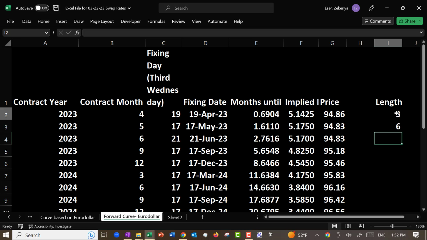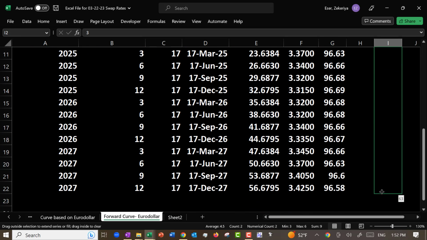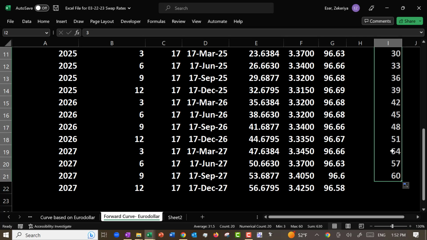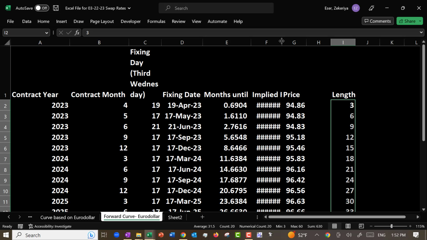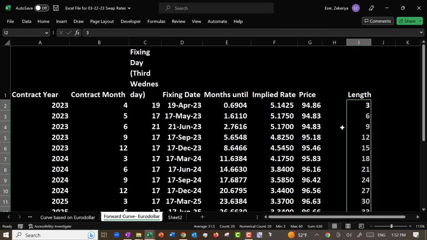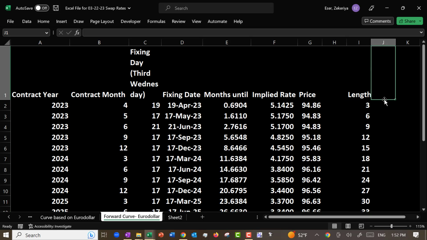I'm going to do this up to 60. Let's make that smaller a little bit. Interpolate it.